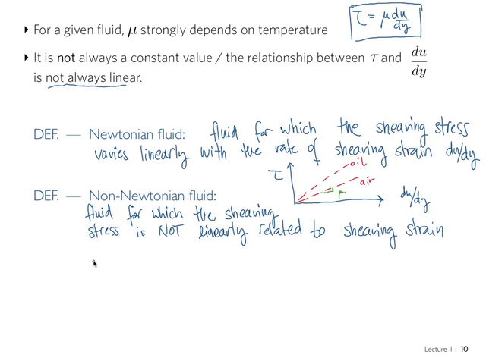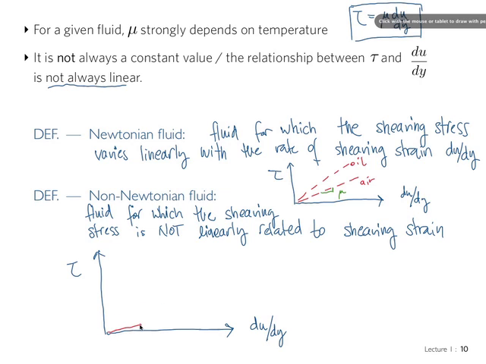So if we were to draw in that case a plot again of stress as a function of strain, we might see some different things. We could see perhaps a line that indicates an increasing slope like this.